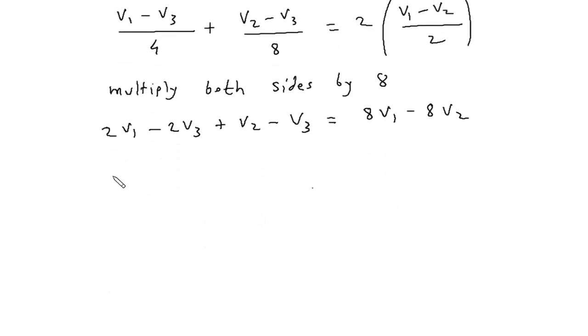Now 2V1 minus 2V3 plus V2 minus V3 minus 8V1 plus 8V2 is equal to 0.